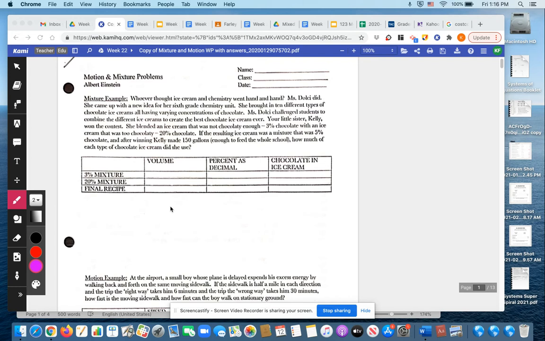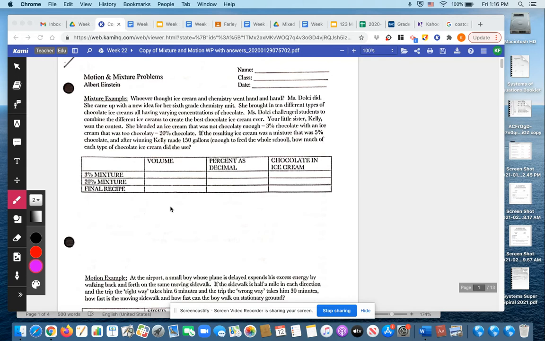She brought in 10 different types of chocolate ice creams, all having varying concentrations of chocolate. Miss Dulce challenged her students to combine the different ice creams to create the best chocolate ice cream flavor ever. Your little sister, Kelly, won the contest.